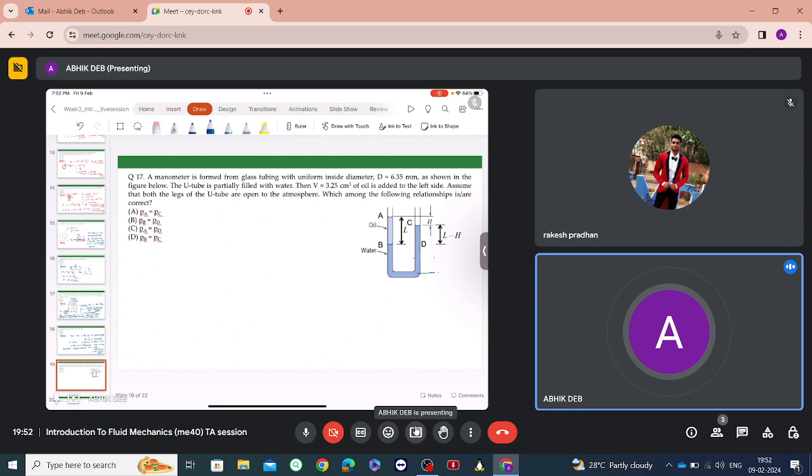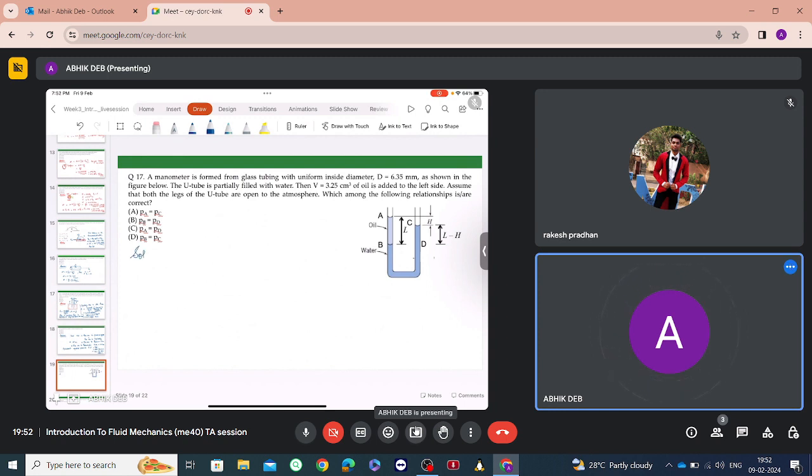This is essentially water, and this is on top, and oil has been put inside. Volume of the oil that is added is 3.25 centimeters cube. Assume that both the legs of the U-tube are open to the atmosphere. Which among the following relationships is or are correct regarding the pressure?